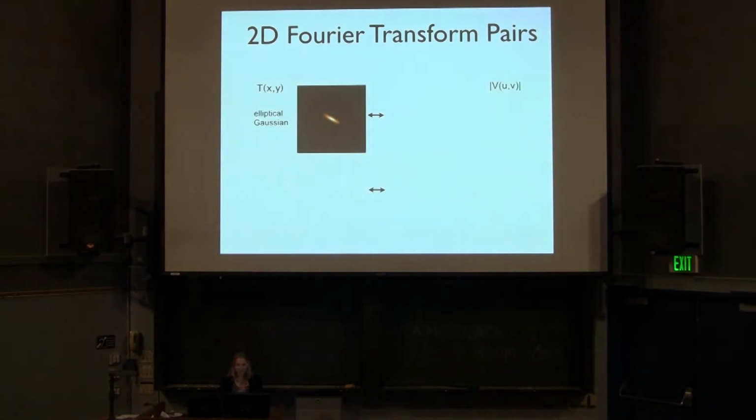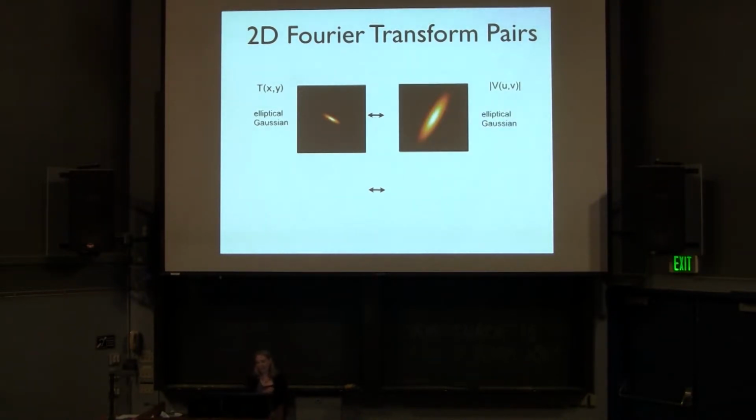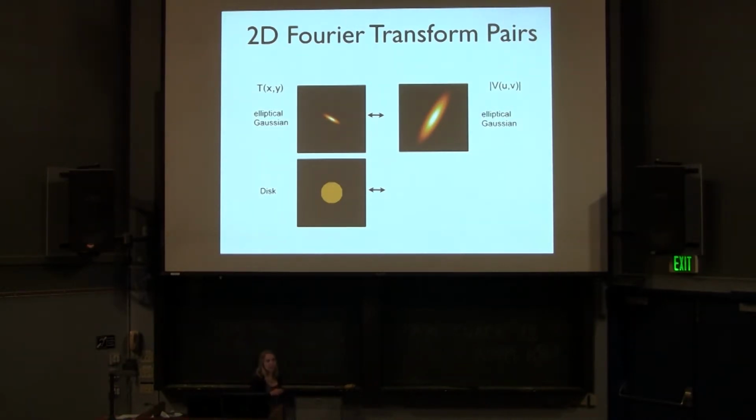Next we have an elliptical Gaussian. How about that? Another elliptical Gaussian. All right, that's good. One more. What is the Fourier transform of a disk? A sinc function. Sin x over x.